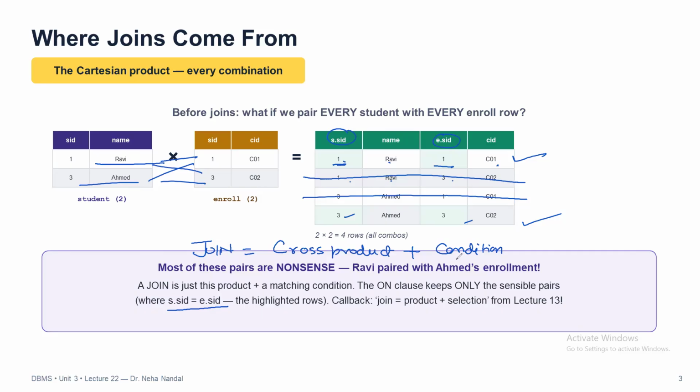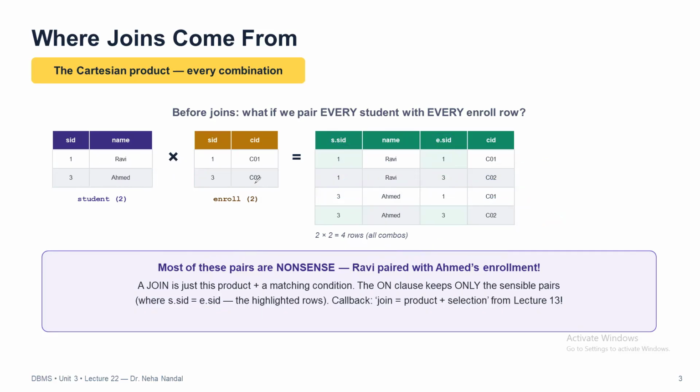When working with MySQL, if we just want to take a cross product, you can write: select star from student, comma, enroll.